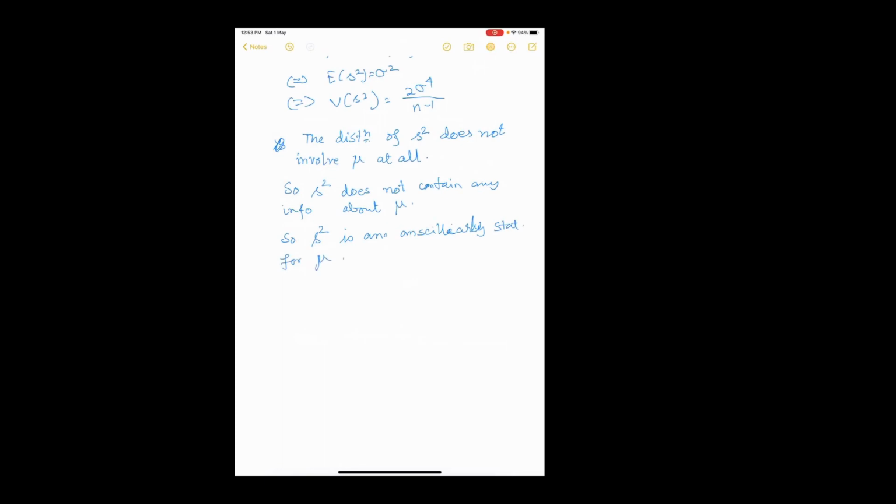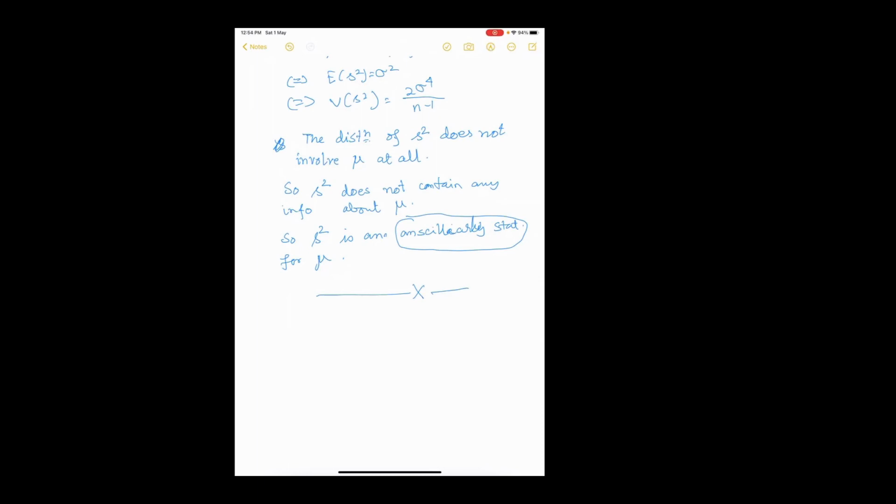If you want to estimate or do some kind of analysis for mu, you cannot use s square. S square is not going to help anything. It doesn't contain any information about mu. So s square is an ancillary statistic. It's kind of complementary, the opposite.